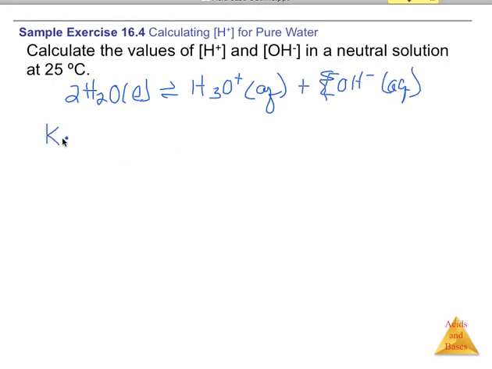The expression for that equilibrium, this is the Kw, is the concentration of the hydronium times the concentration of the hydroxide. Remember that this and this are used interchangeably, they mean the same thing.